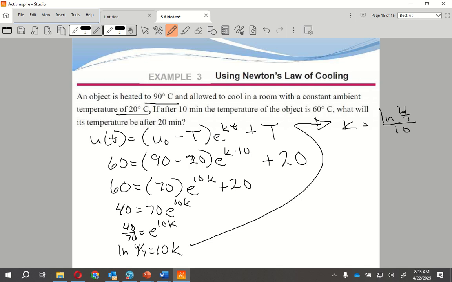And now they give you something else they want you to solve. They want you to solve what? What's the temperature at 20 minutes?